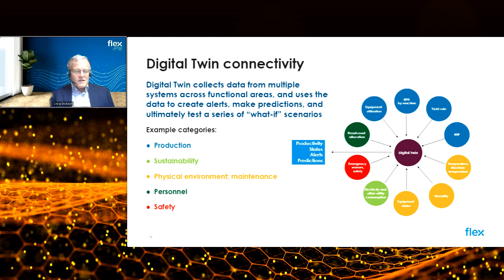Earlier, Melinda mentioned sustainability as one of the macro trends. A lot of times you can get sustainability information about how much power is being utilized by each one of the devices within your system, or to create each unit. There are physical environment things, maintenance items.